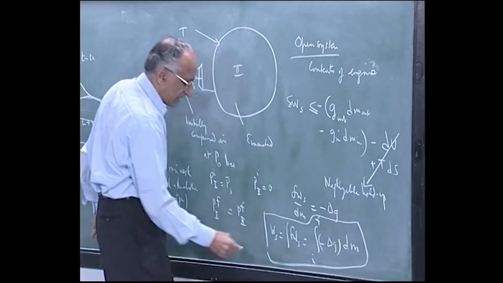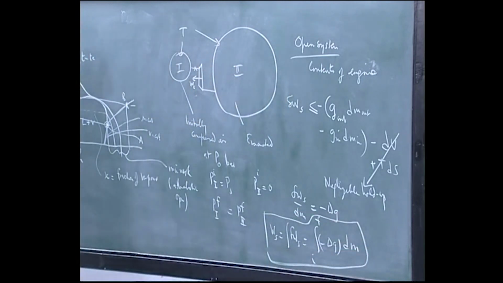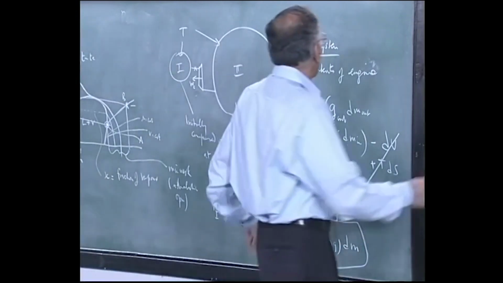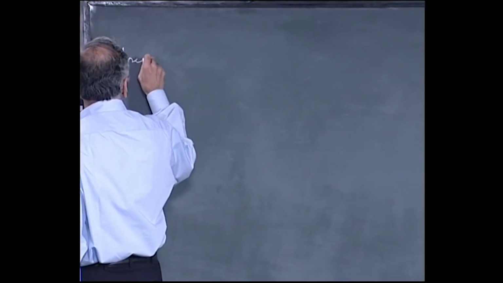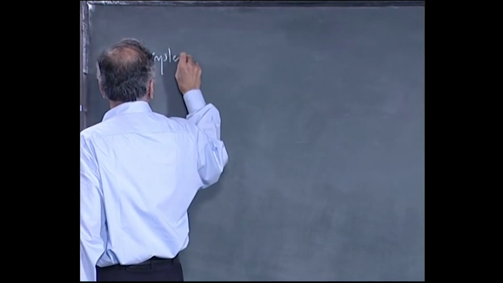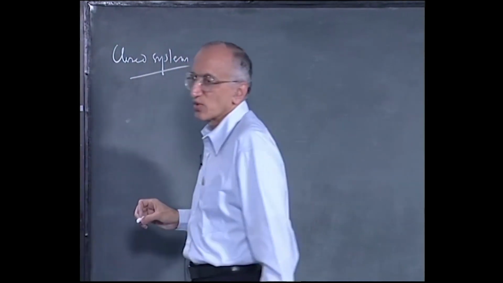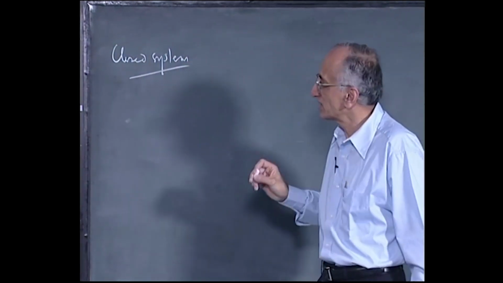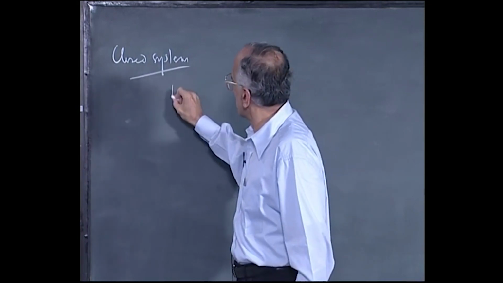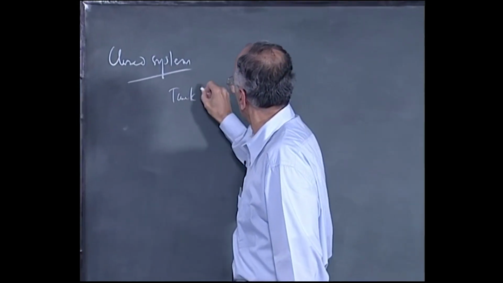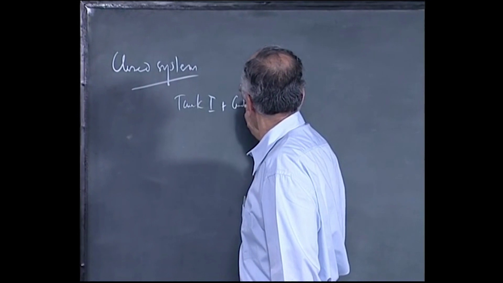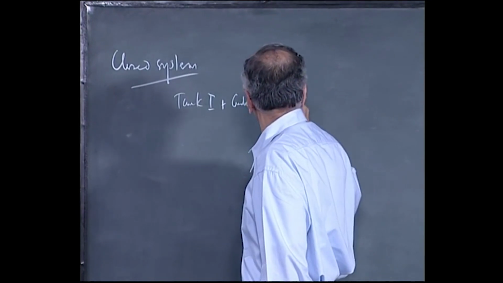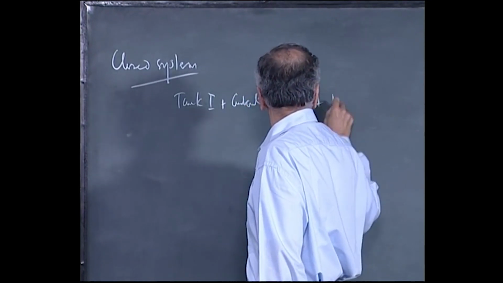but the easier way is to take the closed system. In fact, as a thumb rule, as far as possible, define a closed system which will still give you the answers that you need. In this case it is the contents of tank 1 plus engine plus tank 2.